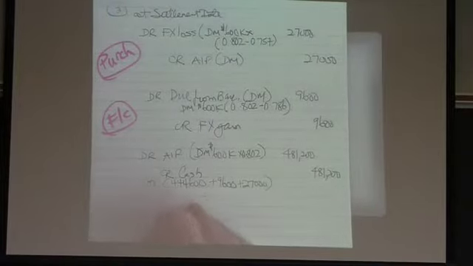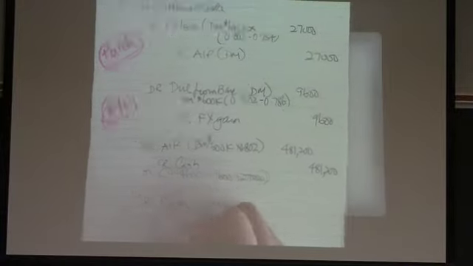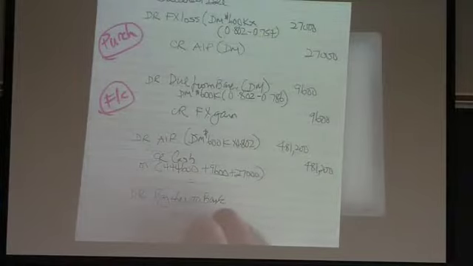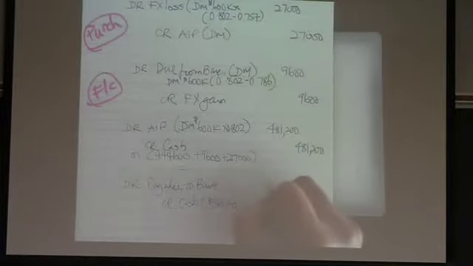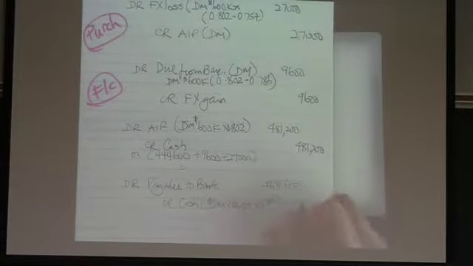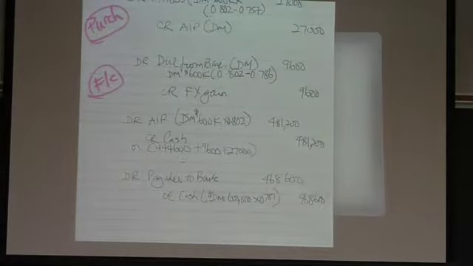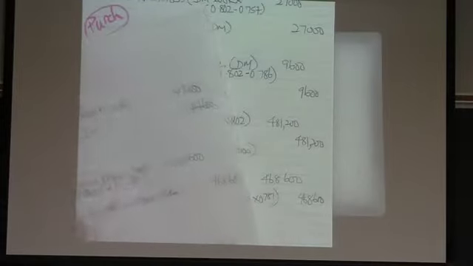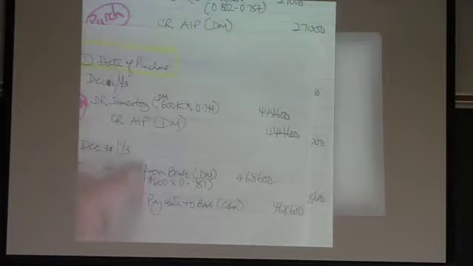Now, the payable to bank, so we're going to debit payable to bank, credit cash for $468,600. And remember, we set up, right? So we know we have to deliver it, but now the bank's going to give us cash to pay the payable.